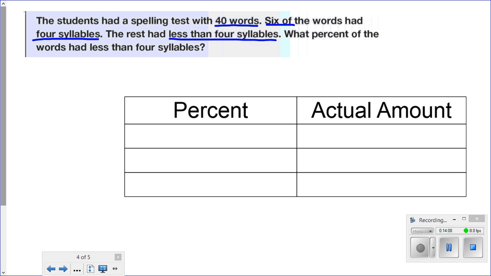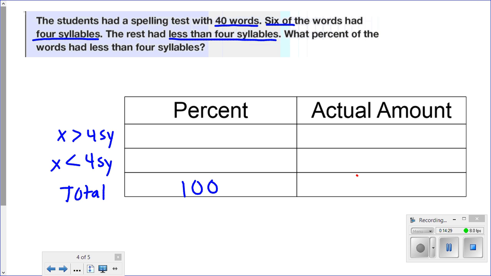So you can tell your subjects. We could say less than 4 syllables, and X is equal to 4 syllables. And then we also have a total. Remember, you can always fill in your total 100% here. 40 words.